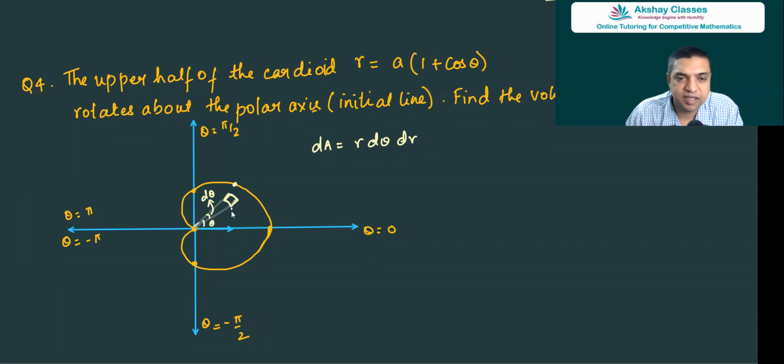Now this area element will be at a distance of r sine theta from the initial line.